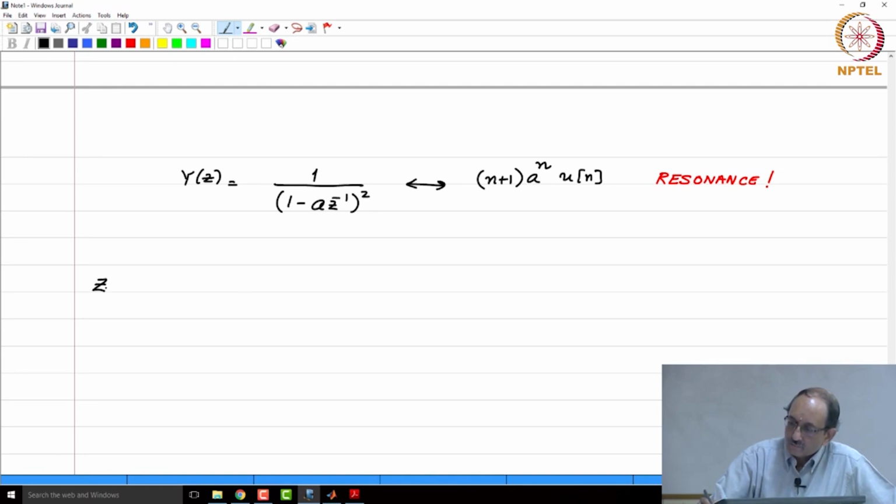So, zero input response. This is typically abbreviated as ZIR. So, what is happening here is the input is 0 and the system may or may not have initial conditions. If the system has some initial conditions present, then the zero input response, what do you expect in the output? What modes do you expect in the output?